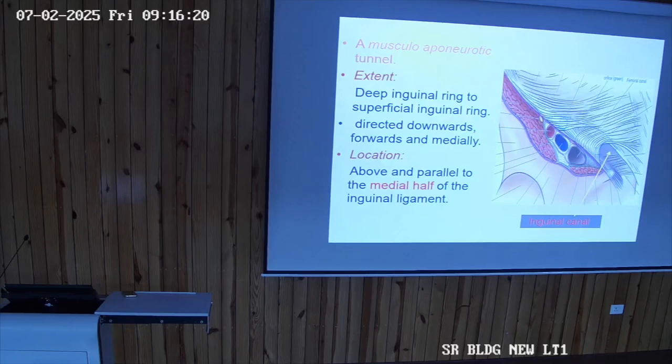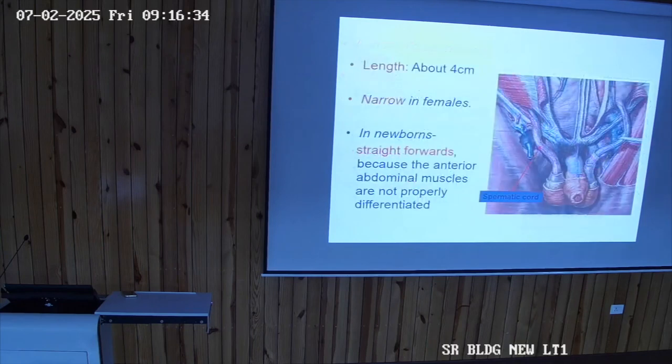The canal is around 4 centimeter in length, situated just above the medial part of the inguinal ligament, extending from the deep ring to the superficial ring. Fascia transversalis is deep, so that is why that ring is deep. External oblique is superficial, so that is why the ring is superficial. The length of the canal is 4 centimeter. The canal is narrower in females.